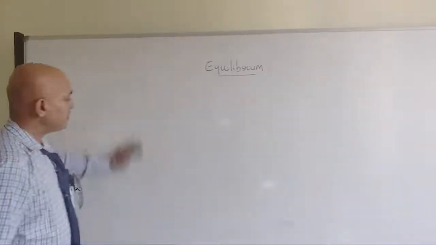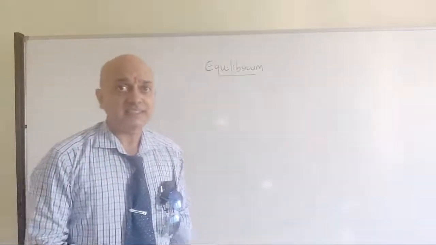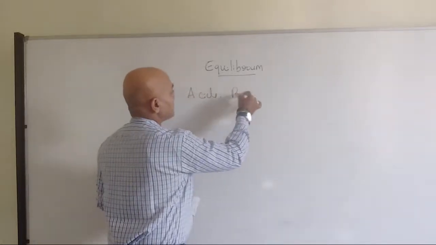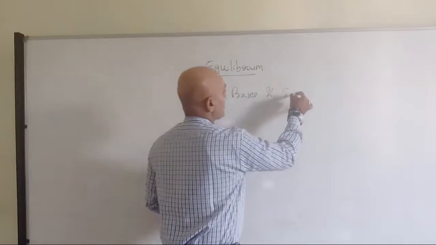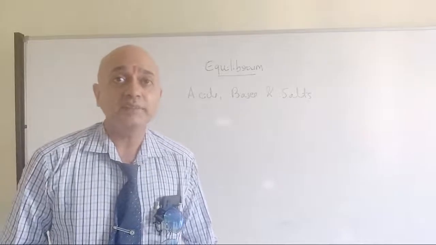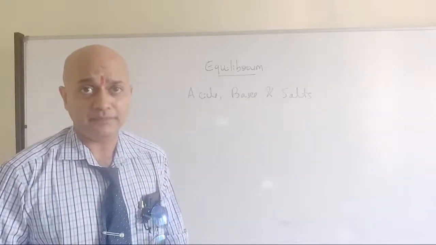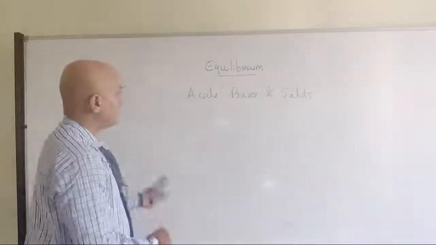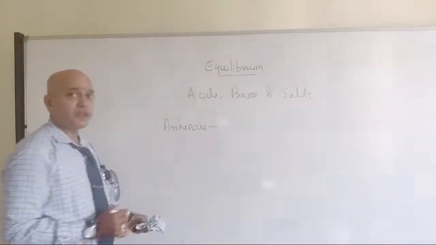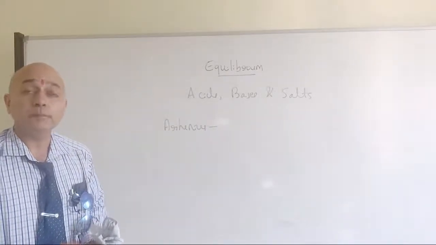Then we will come to acids, bases and salts. In the last class, I discussed the Arrhenius theory, the Bronsted-Lowry theory, and the Lewis theory. What does the Arrhenius theory talk about? It tells that an acid is a molecule which will donate H plus, and a base is a molecule which will donate OH minus.